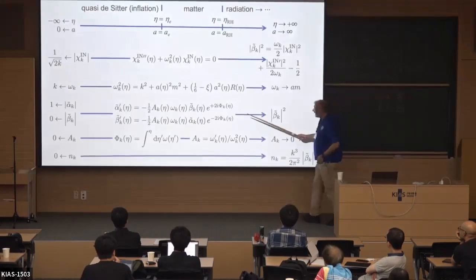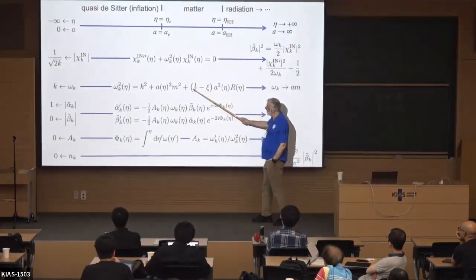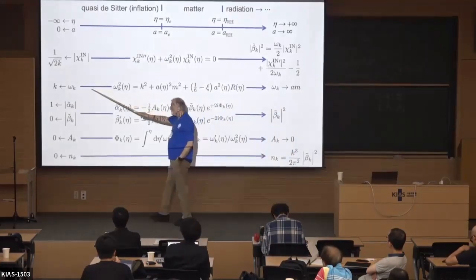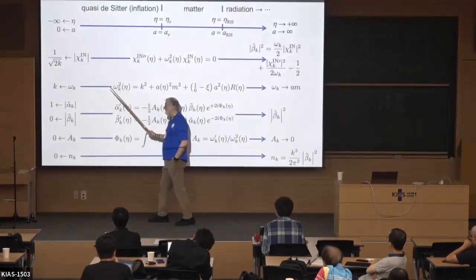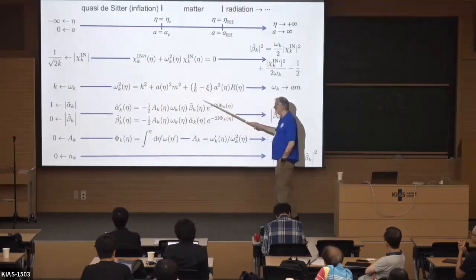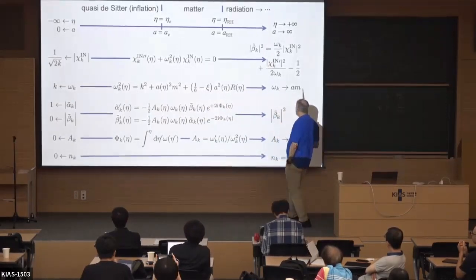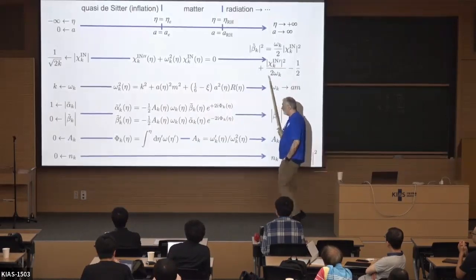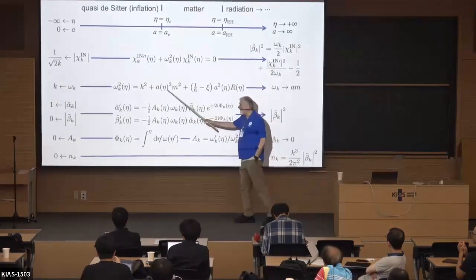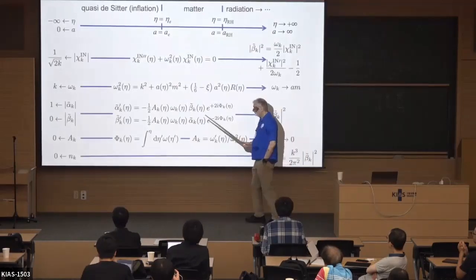Omega k squared goes to k squared at early times, at the initial time, and at late time it does whatever it does. It can be negative. At late times it approaches a times m, so R goes to 0. A is much larger than k, so omega goes to am.